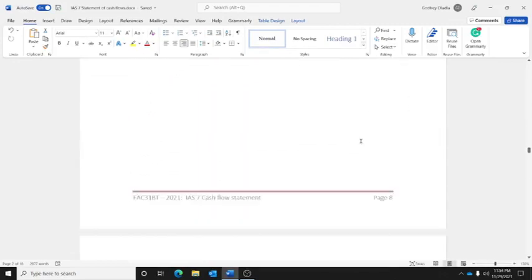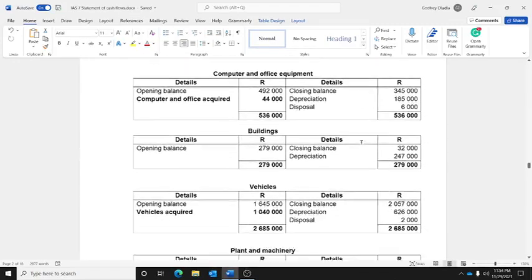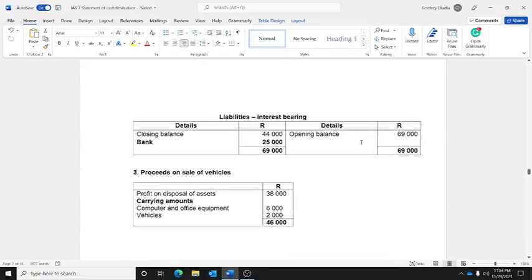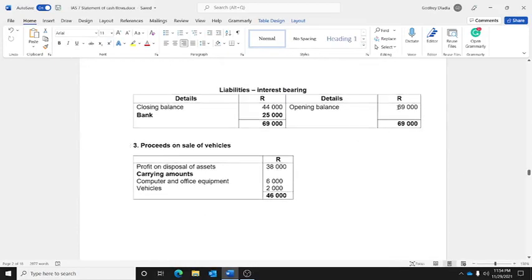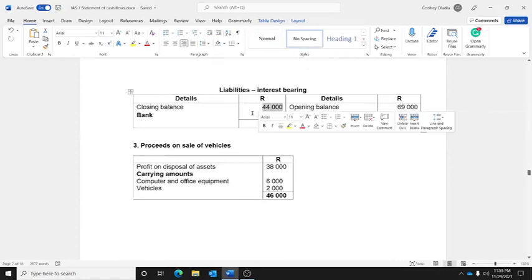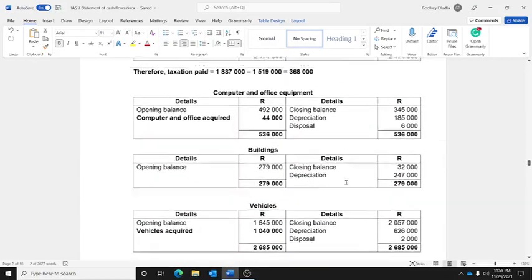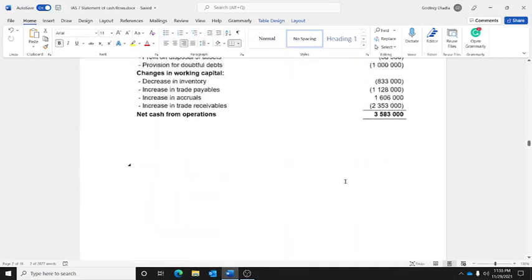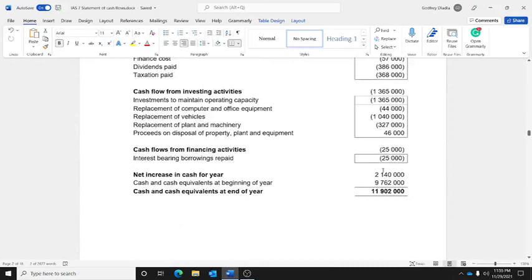Let's see if I did by any chance remember to put it. Oh, here it is. Opening 69, closing 44. Then this is an outflow of money 25,000, which is this one here. This one here. Okay.